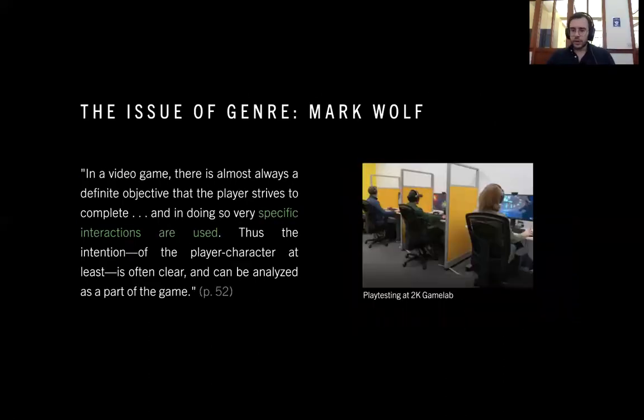Okay, so our last aspect will be the issue of genre. And the issue of genre brings a new dimension into this question of what is a game. So we talked about general models of thinking about play, so what play means in a human and social sense. What is the meaning? Why do games even exist?